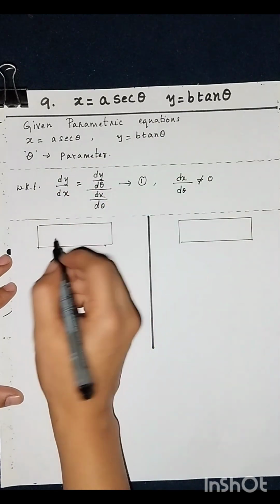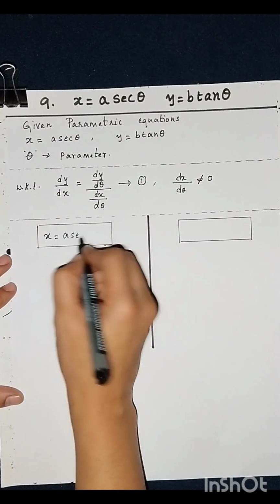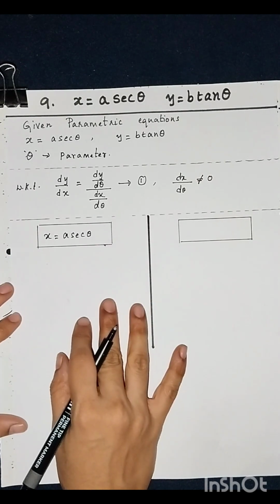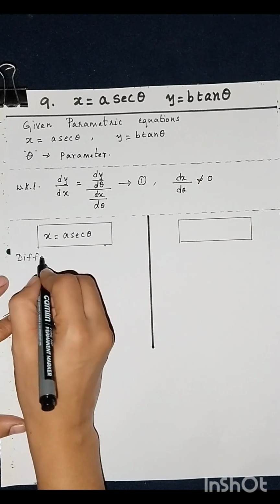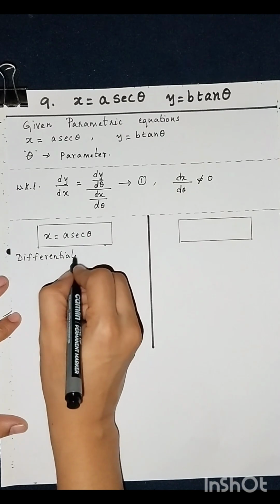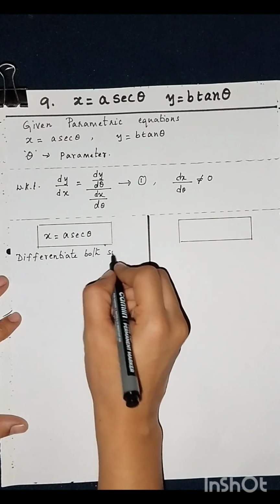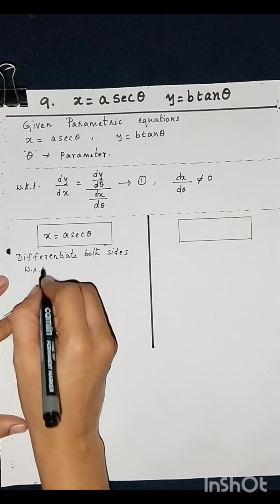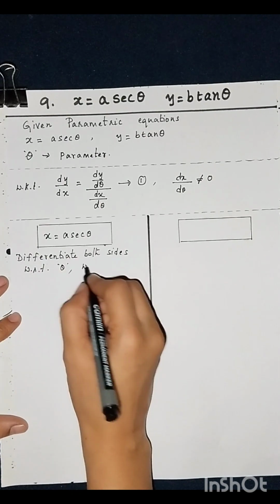For that we have to differentiate. So first we will write x is equal to a secant theta. We will differentiate both sides with respect to theta. So we have dx by d theta is equal to d by d theta a into secant theta. This implies dx by d theta is equal to, so we have derivative of constant into function.